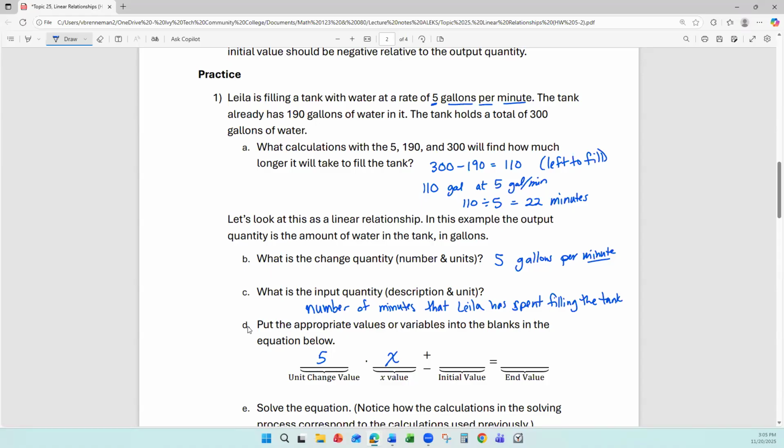So the change value is positive being added on, and the initial value is positive as well. So you might think of this as the 190 starting point plus the 5 gallons per minute times the number of minutes x, rather than the 5x plus 190, 190 plus 5x. But Alex will have you filling in blanks in a particular order. And then the end value is the 300 that it's moving towards, that maximum.